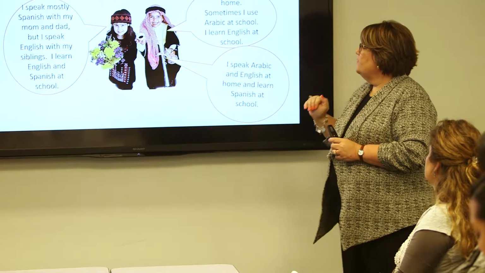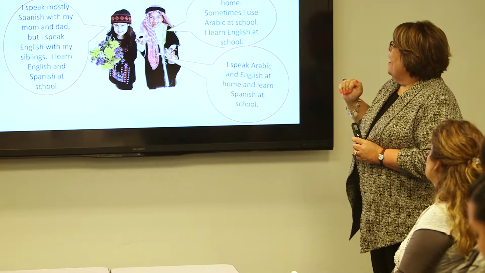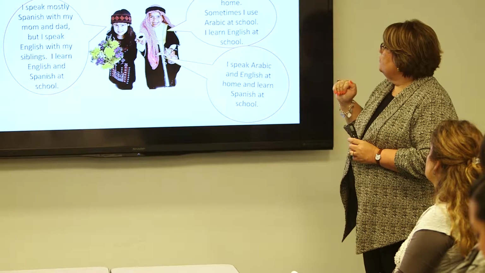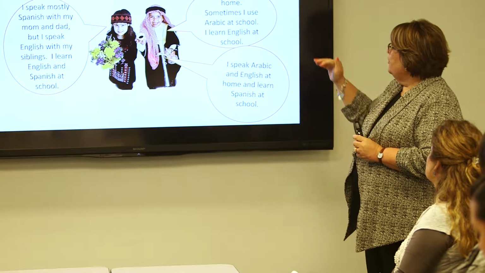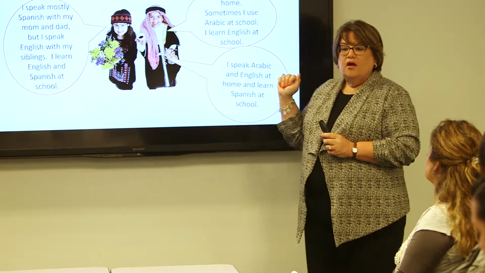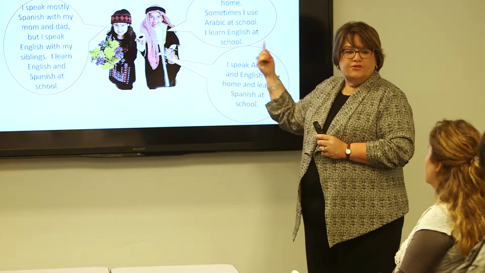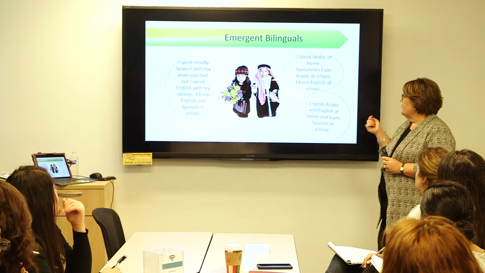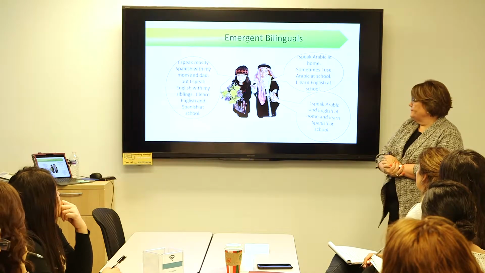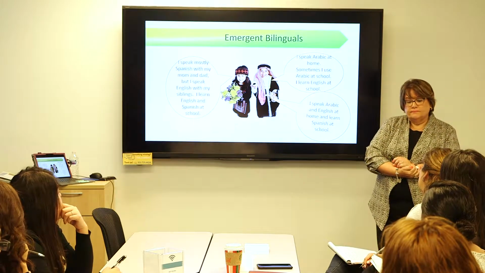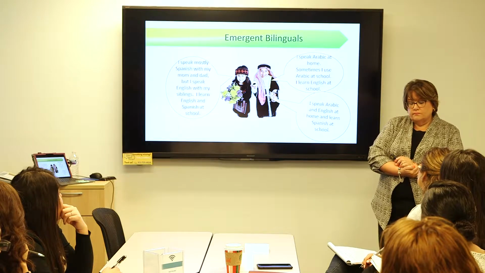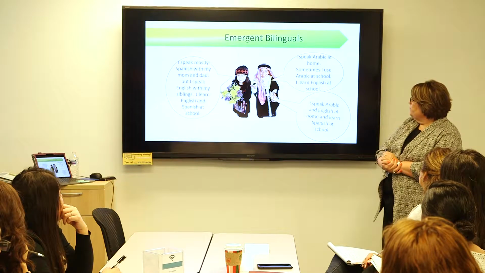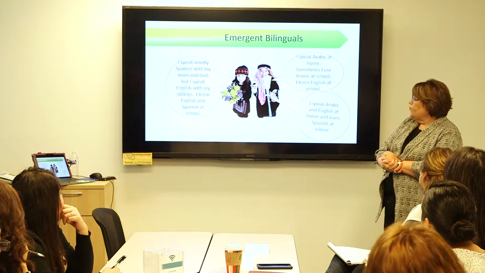So now let's look at this little boy here. I speak Arabic at home. Sometimes I use Arabic at school. I learn English at school. Where is he served? Could be in a TPI program or in a dual language, because if he's learning English at school, but only English at school.